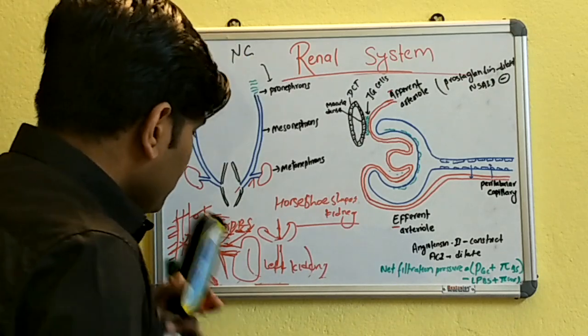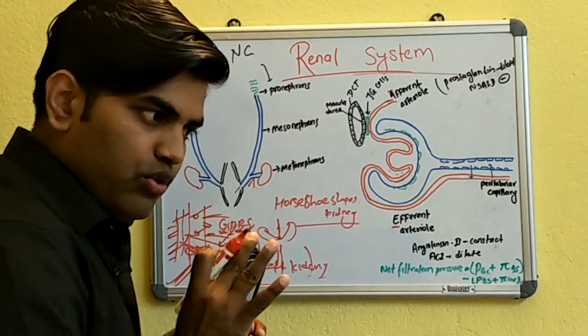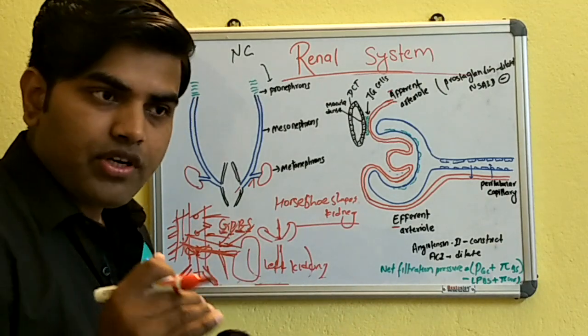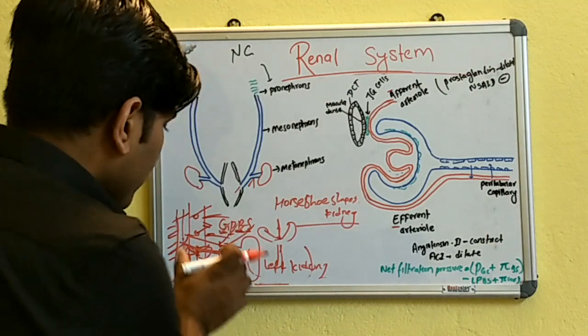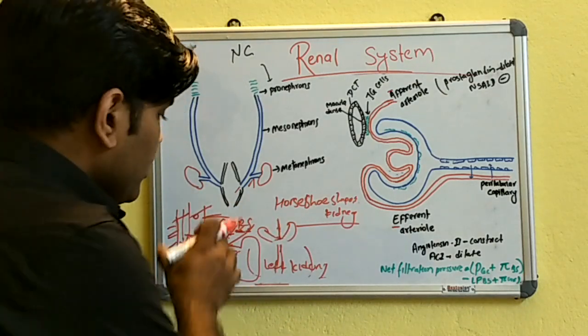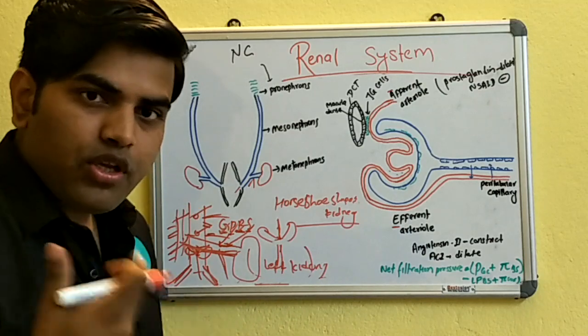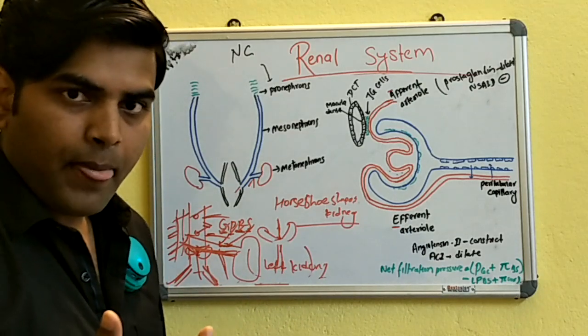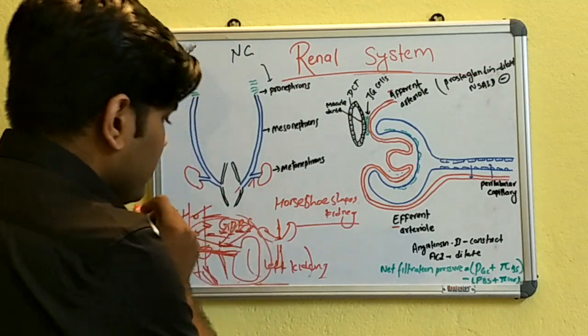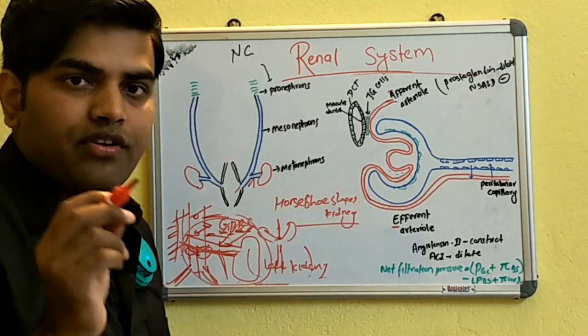Now you know about the arterial supply and the venous supply and how it drains, but you should know that the left renal vein is the larger one, and because of that, when we use a kidney for transplant, we take the left kidney.